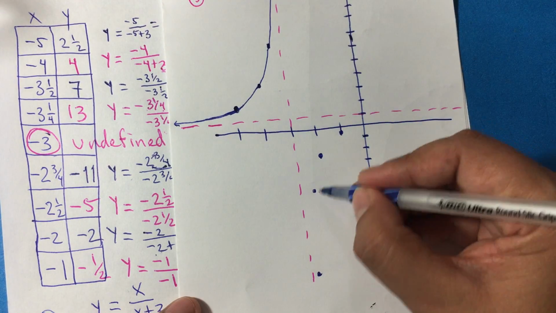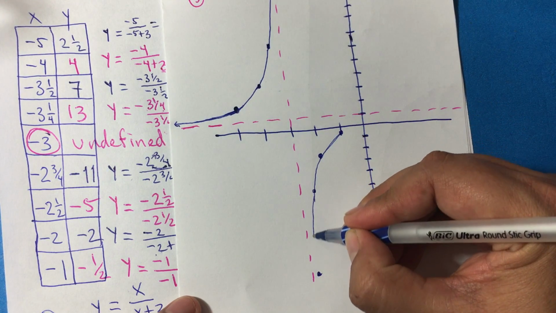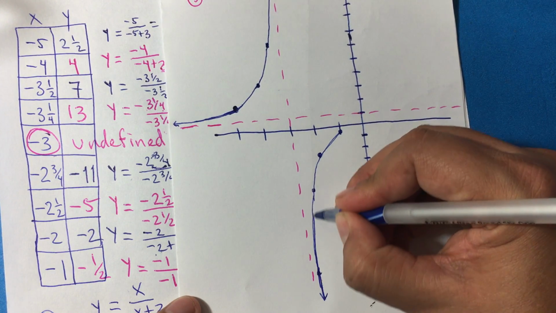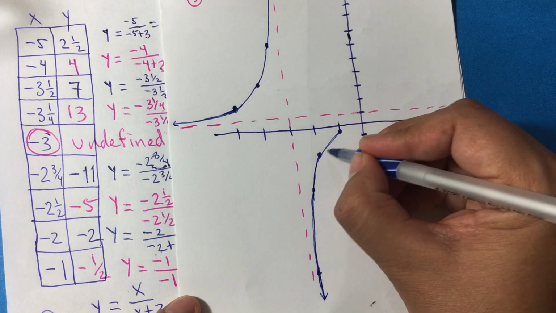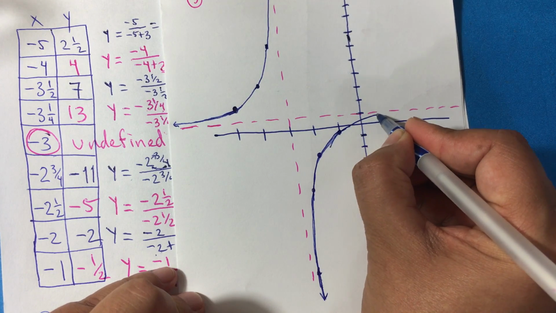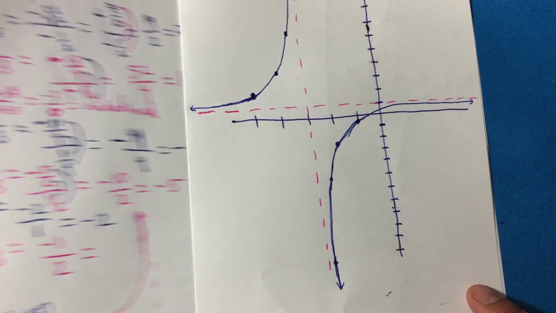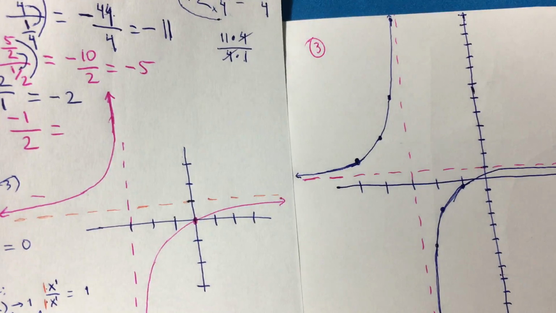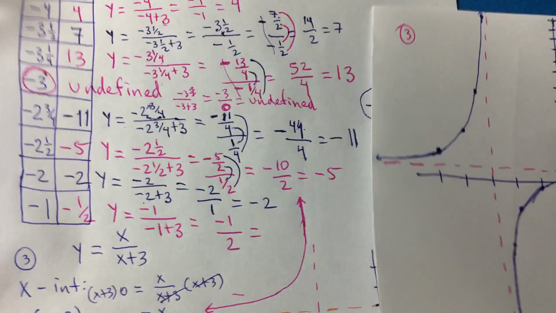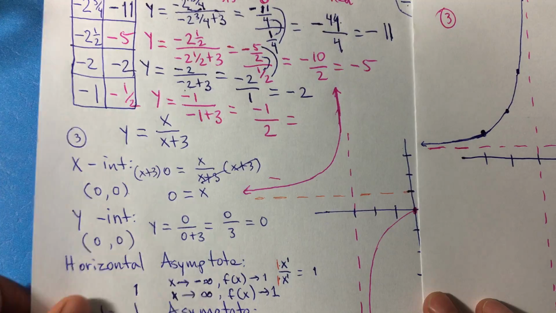So somewhere in there, and again, my graph goes through those points, approaching those asymptotes but never touching them. Okay, and on this side, approaching the horizontal at positive 1, but never touching it. And so look at the difference between those two.